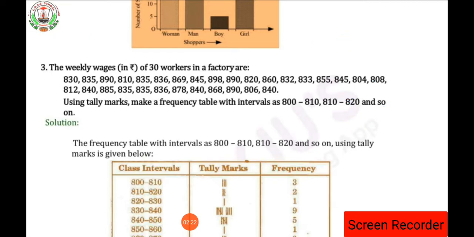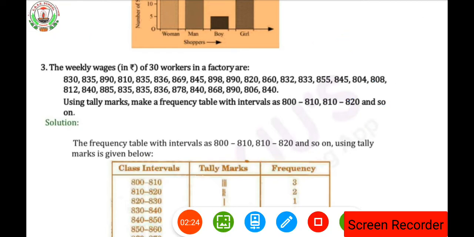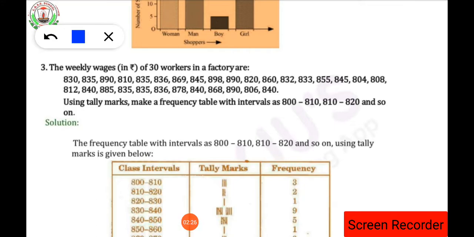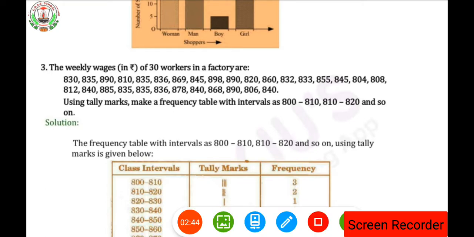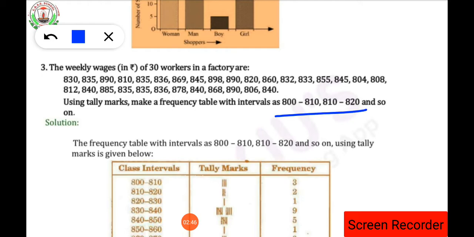So for that we choose an appropriate class interval. Suppose 0 to 50, then 50 to 100, 100 to 150, like that the intervals we choose are called the class interval. So here in question number 3 the interval is already given.